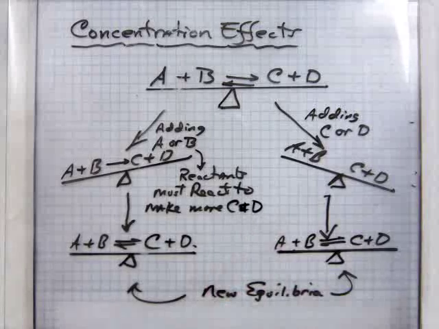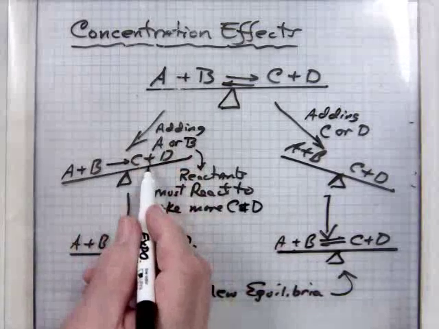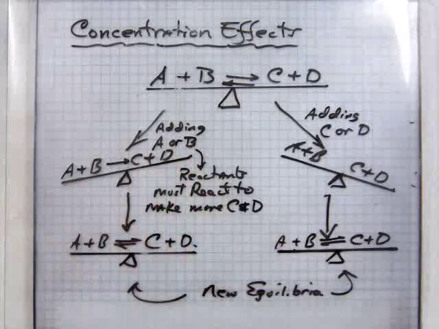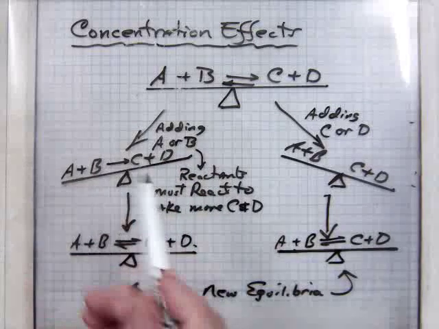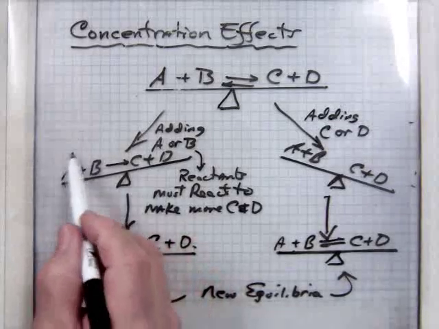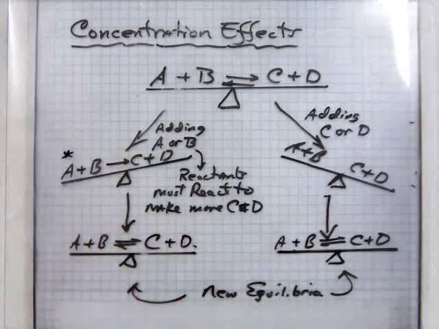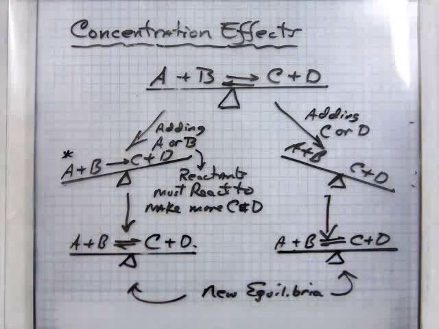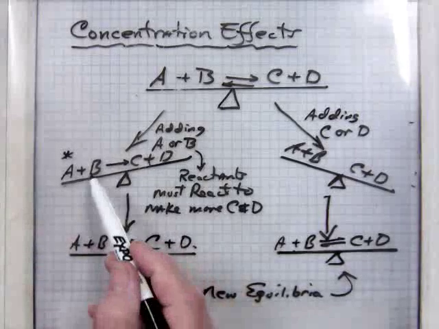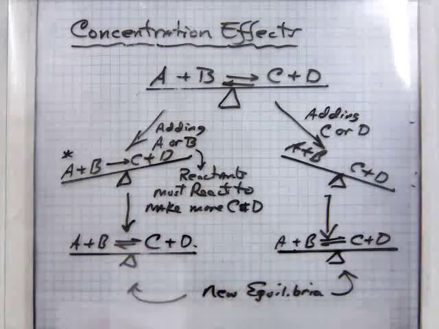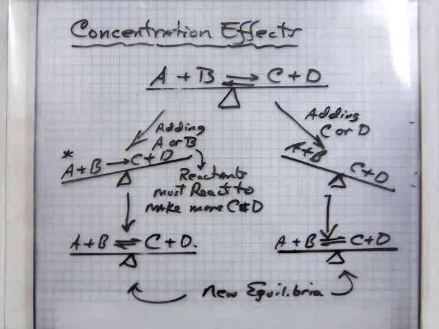That will occur naturally, and that's the natural chemistry of the reaction. It will shift away from the applied stress. If you applied extra A, then the arrow pointing to the right will shift away from that additional A. It has to reduce that stress and create more C and D by reacting over here, making that new equilibrium exist.